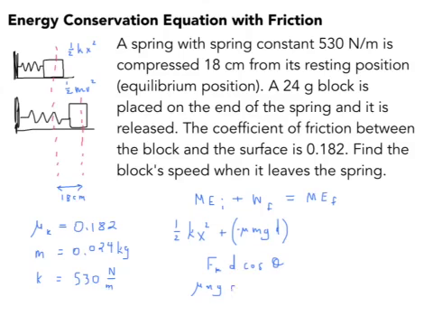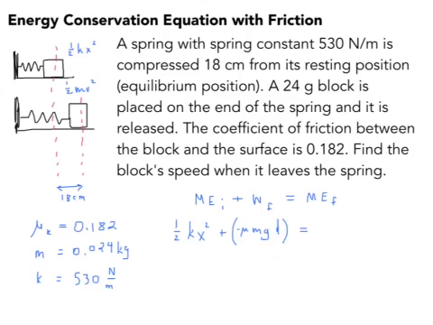Then we have d, the distance traveled, and then cosine of 180, since the friction force pulls in the opposite direction as the distance traveled. So this will always be 180 when we're dealing with the force of friction. So we could just replace this with -mu mg times the distance.